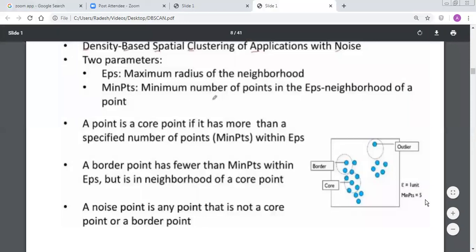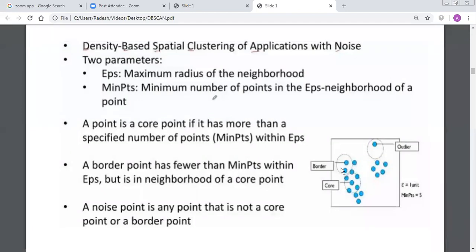Anything less than 5, it can be 4, 3, 2, we can call it a border point. Here, this is the point called the border point, and these two points lie in this particular circle. One more important point is that there is another point falling on the border of this circle.